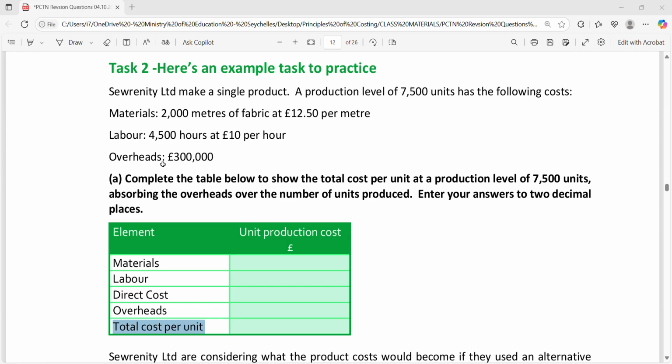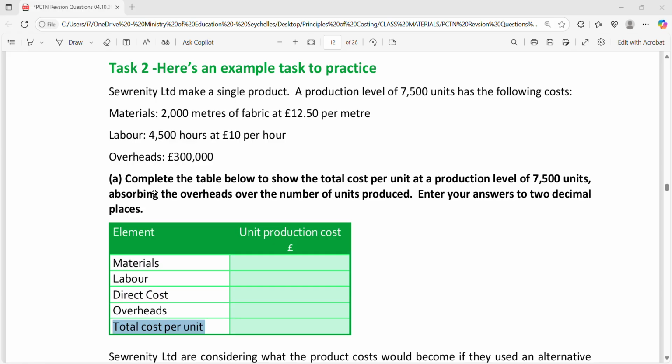You get 6. And for the direct cost here, either you add these two or you take the 70,000 divided by 7,500. Then the overheads is the same thing. The 300,000 divided by the 7,500, you get 40.